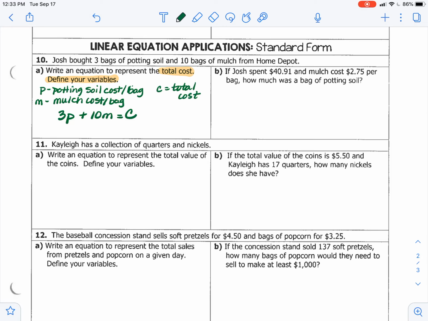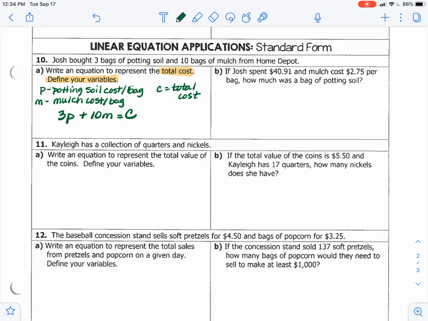Now, if I was doing this one in function notation, guys, what you would see might be P, M on there because you've got 2 variables. Okay? That would be one. The other way is sometimes they will just use the one variable on there, but we don't put this one in function notation as much as we do the slope-intercept.